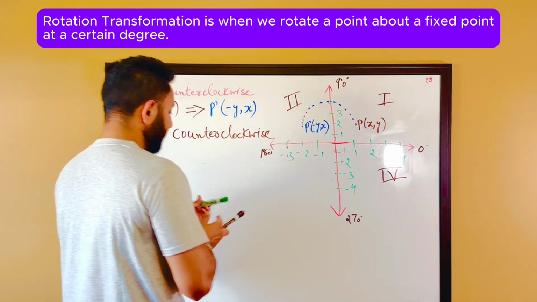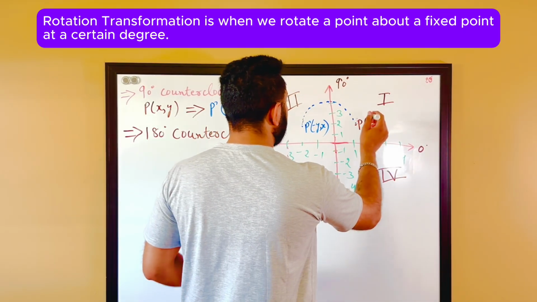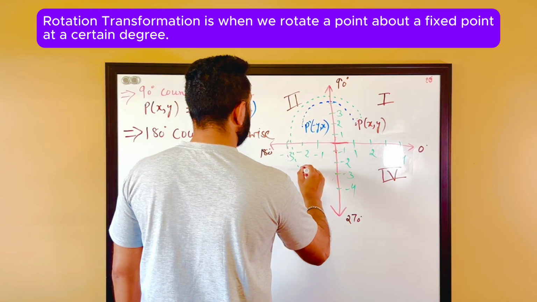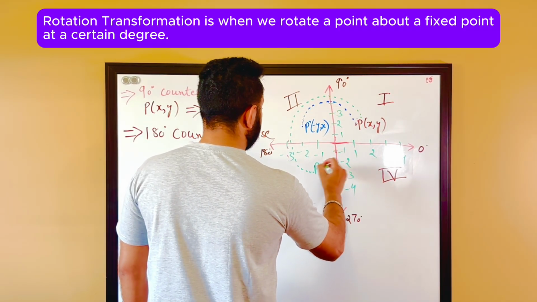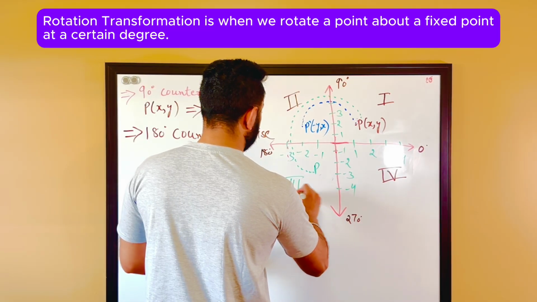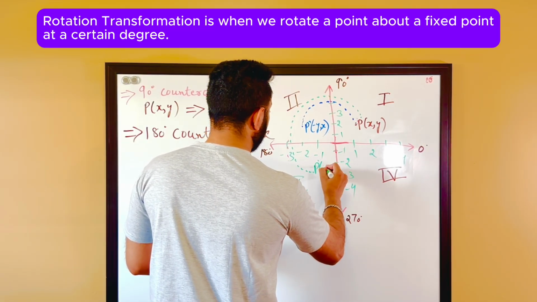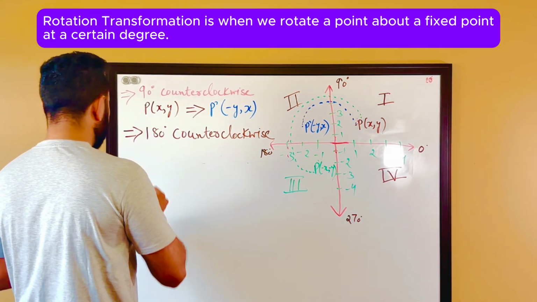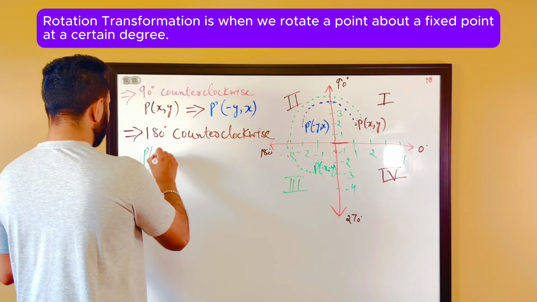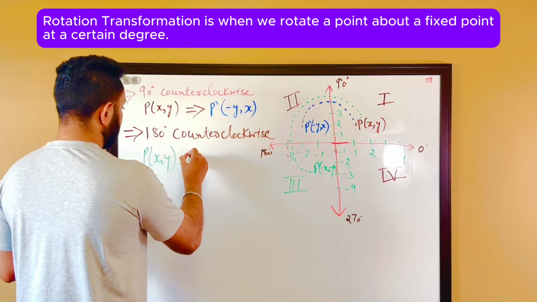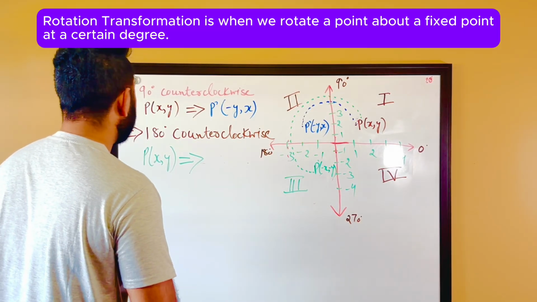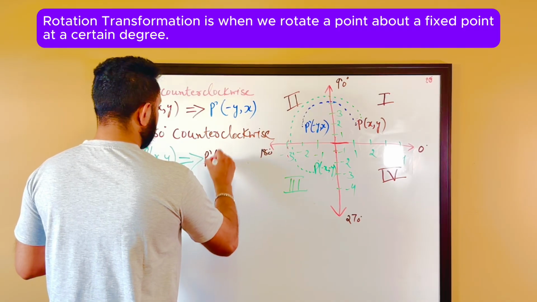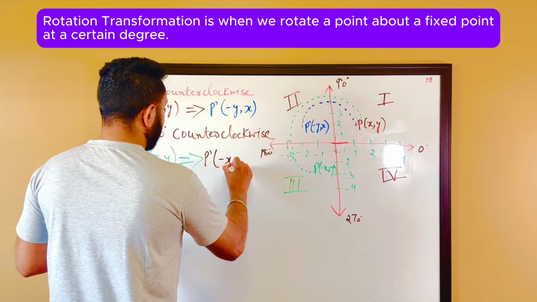Let's say the point is here in the first quadrant Pxy, and if we rotate a point 180-degree counterclockwise, the point will be in the third quadrant, and the new coordinates will be minus X minus Y. So the basic rule is after applying rotation transformation, the points will be minus X and minus Y.